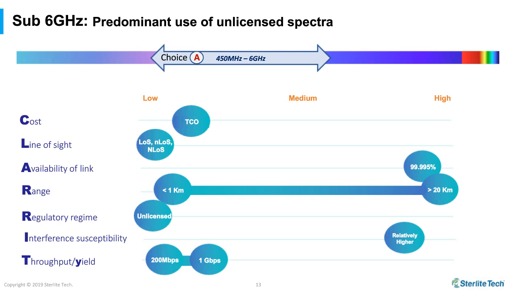And look at technologies. Range, you can go anywhere from less than 1 kilometer to maybe even more than 20 kilometers point to point. And regulatory regime, we are just looking at the unlicensed, so it really gives you the flexibility to deploy these so long as the band is available in your geography. Interference susceptibility, because some of these technologies reuse the 5.8 or 5 gigahertz band, which is now traditionally used for Wi-Fi, you are susceptible to interference, and this really becomes a design issue.